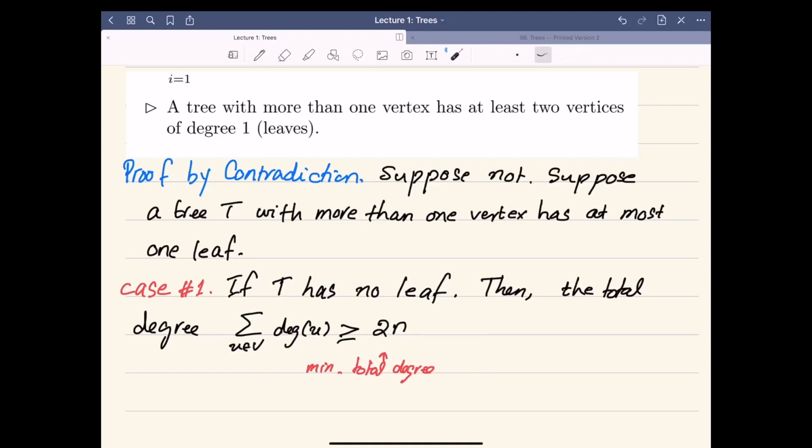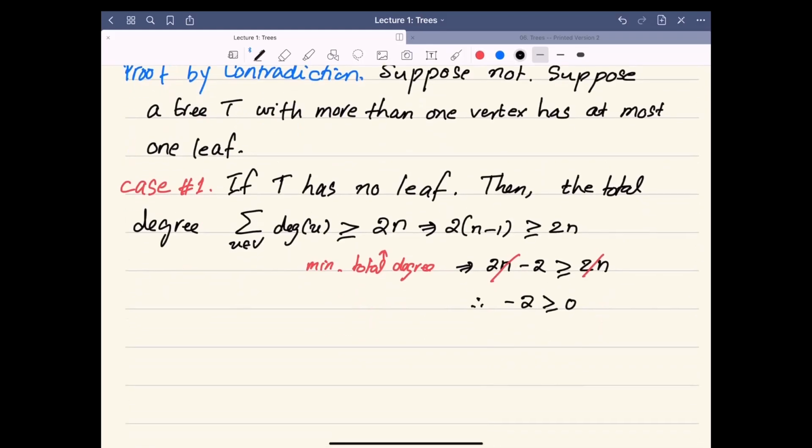But we already know that the total degree for a tree is equal to twice the number of edges, and the number of edges is n minus 1, which gives 2n minus 2 greater than or equal to 2n. Now 2n will go with 2n, so therefore we have minus 2 greater than or equal to 0, and this is a contradiction. Why a contradiction? Because minus 2 is not greater than or equal to 0.